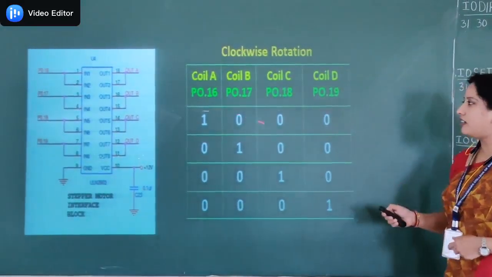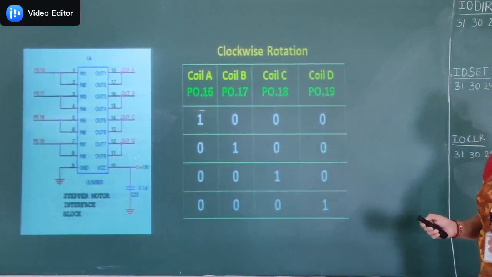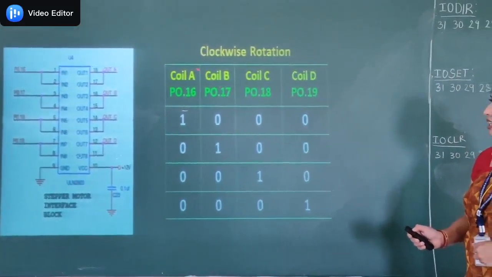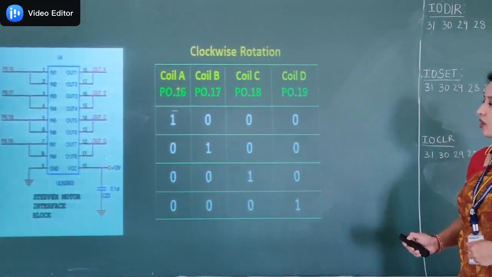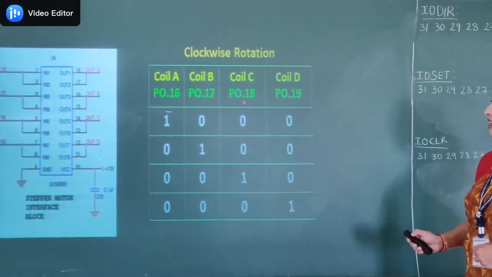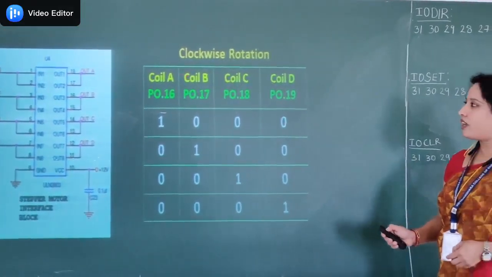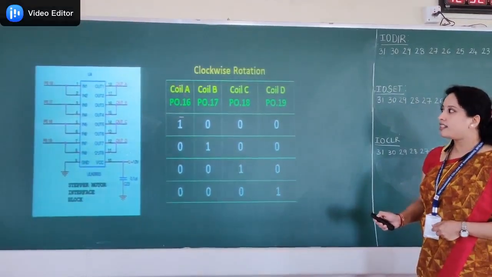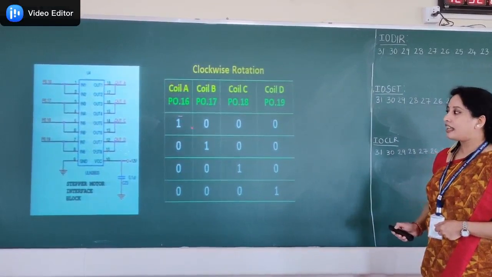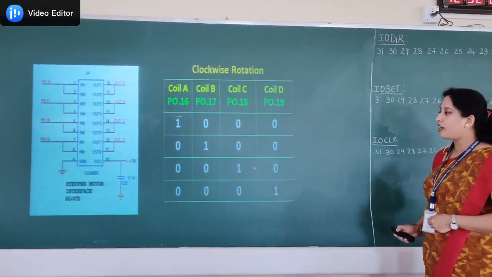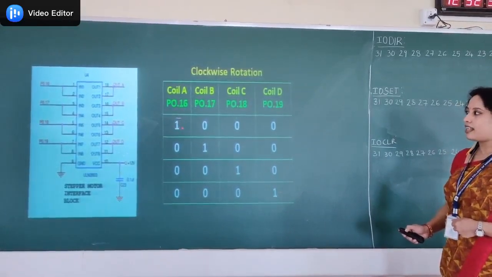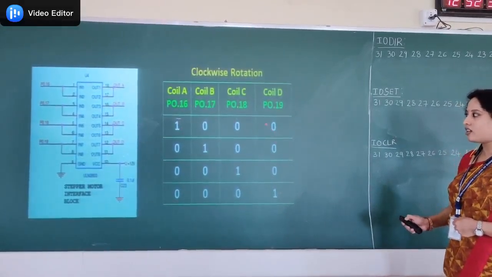So here we have a table for rotating the stepper motor in clockwise direction. We have coils A, B, C, D controlled by pin numbers 16, 17, 18 and 19. If I want to rotate the motor clockwise, I should energize coil A first, then coil B, followed by coil C and coil D. In the first step, coil A is energized, and the other three coils are low.